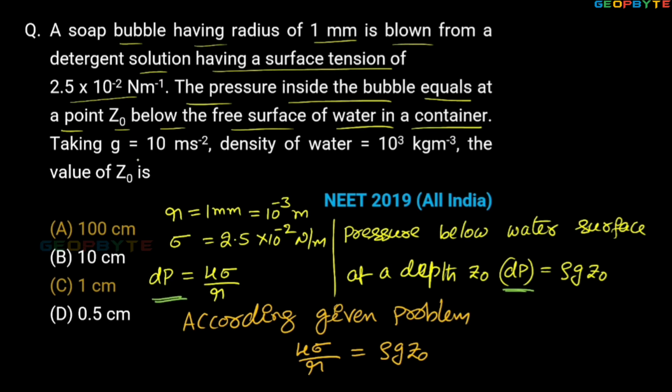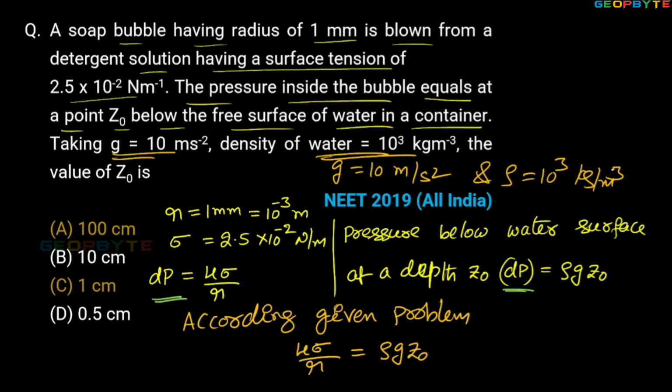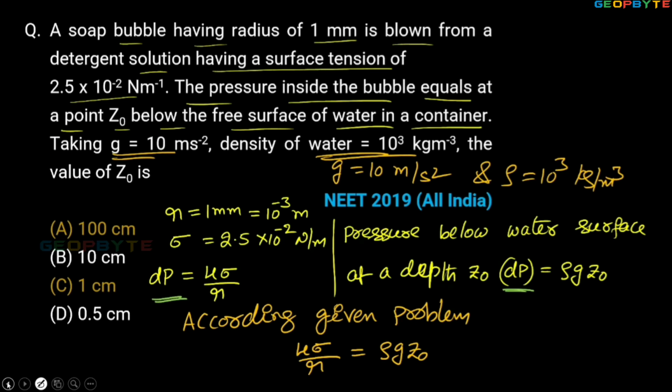Now, the given G value is 10 meter per second square, and the density of water is given as 10 power 3 kg per meter cube. Here 4 sigma by R equals rho of water into G into Z naught. From this you are asked to find the value of Z naught.